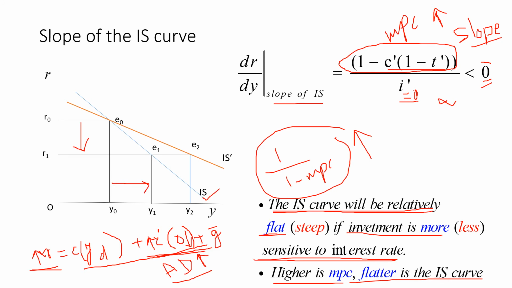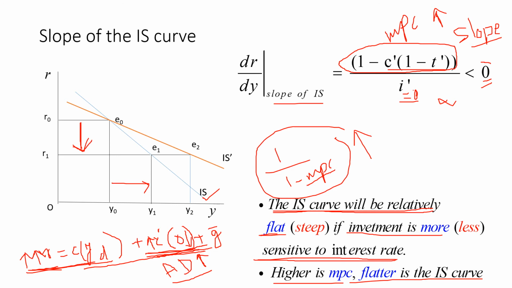But if your multiplier is very high, that means your MPC is very high, then what will happen? For the same change in interest rate and investment, the interest rate is falling from R0 to R1 and investment is also increasing by some amount, but because the value of the multiplier is higher, your income will increase by a larger amount.